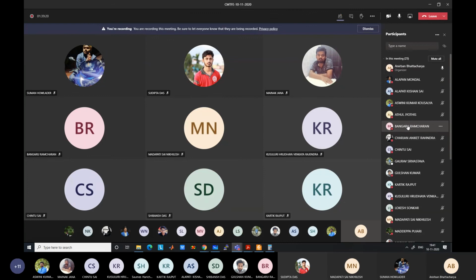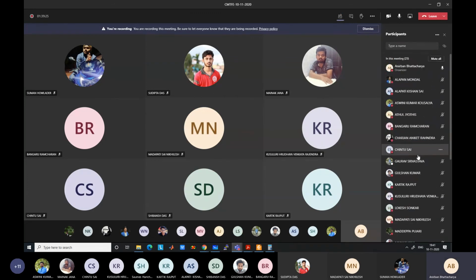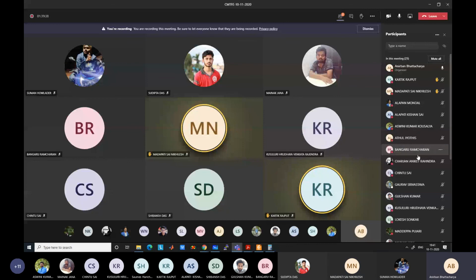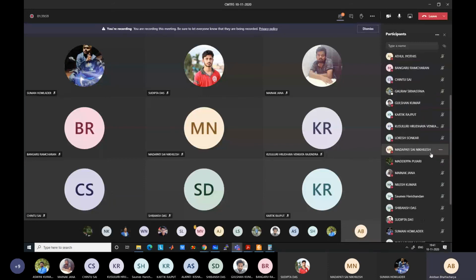Shubham, Shubham Deshpande. Then Nikhilesh. Present, sir. Nikhilesh is present. Karthik present. Suraj present. Paritosh present. Aniket is present. Then Alapan is present. Yes, present. Thank you. Yash, where is Yash? Yash is generally present.